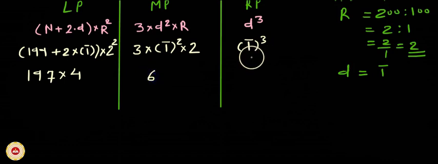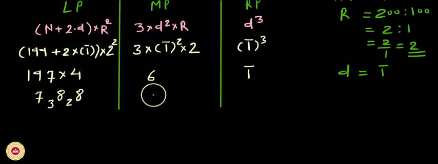What is the right part? -1 cubed, that is -1. So let us solve further. 7 4s are 28, write 8, carry 2. 4 9s are 36 plus 2, 38, write 8, carry 3. 4 1s are 4 plus 3 is 7. So the left part is 788, the middle part is 6 and the right part is -1.